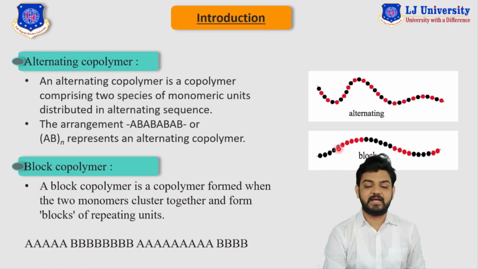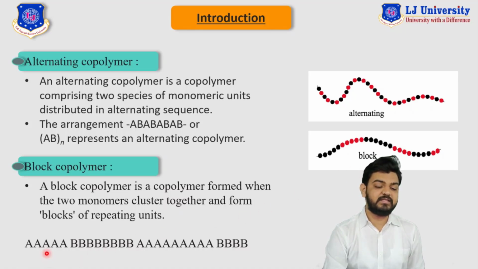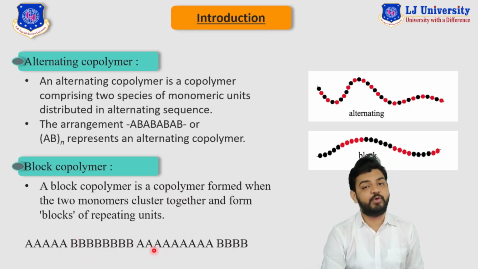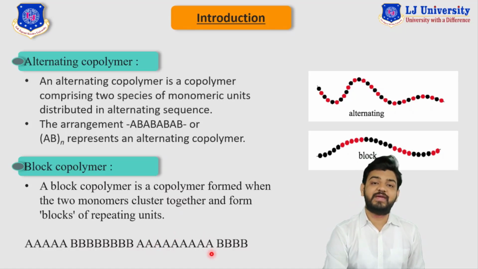You can see that here the black marbles are arranged in one block, followed by the red block of marbles. In this image, we have first all the A monomer, then all the B monomer, then again this B monomer is followed by a block of A monomer. So we can say that these are the block polymers.